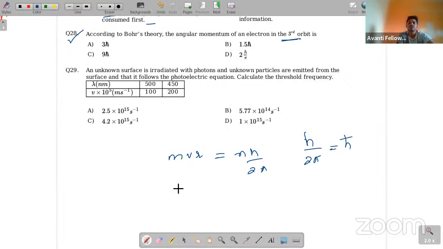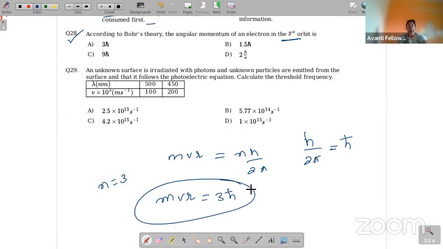They can also write it as h cross. So third orbit means n will become 3. That is mvr is equal to 3 h cross. That is the answer. Is it clear to you now? I hope you all like this.